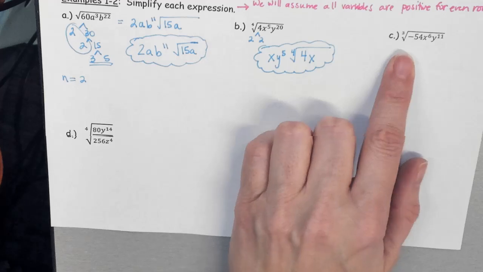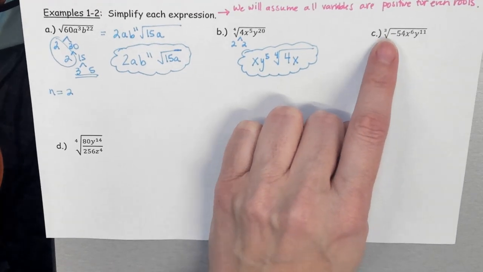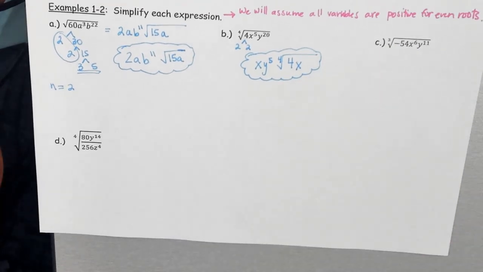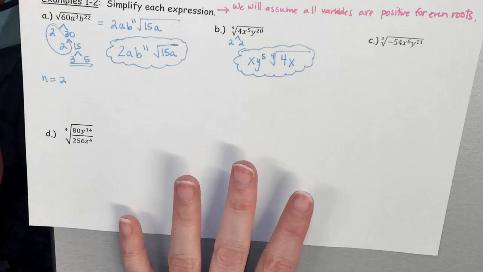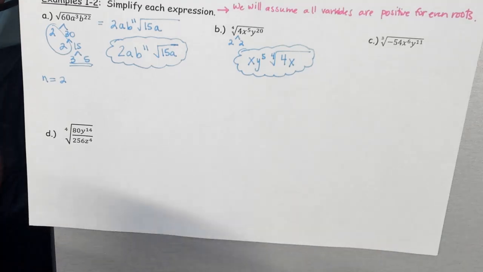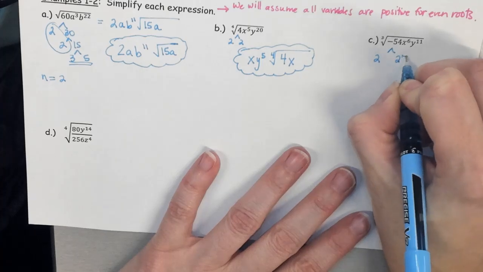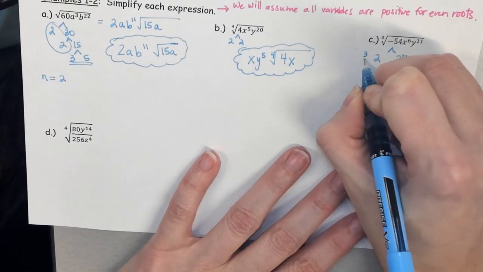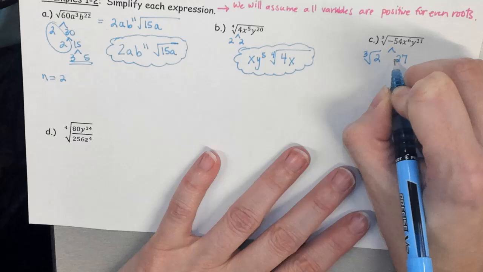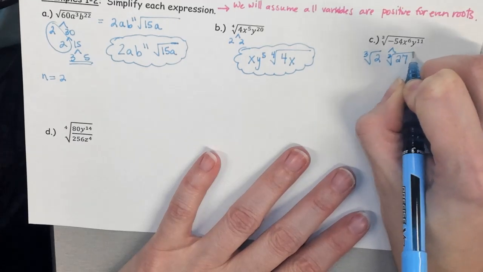Okay, now when you have a negative, it will be with a cube or 5th root. It has to be some type of odd root. And anytime you simplify with that, you are going to be taking out the negative. So if you start to do your factor tree, the 2 and 27, I'm hoping that now you'll recognize that this is a perfect cube.